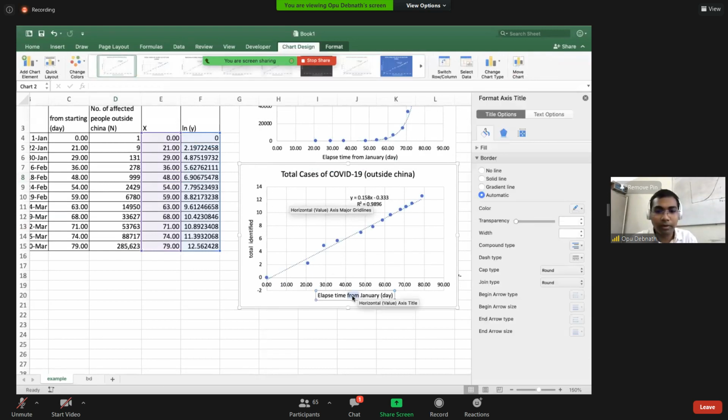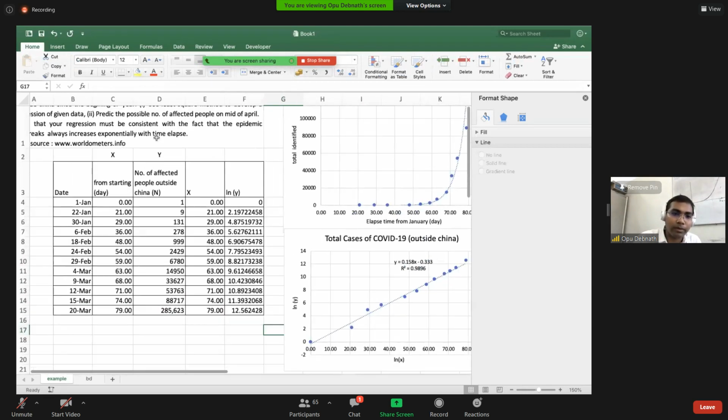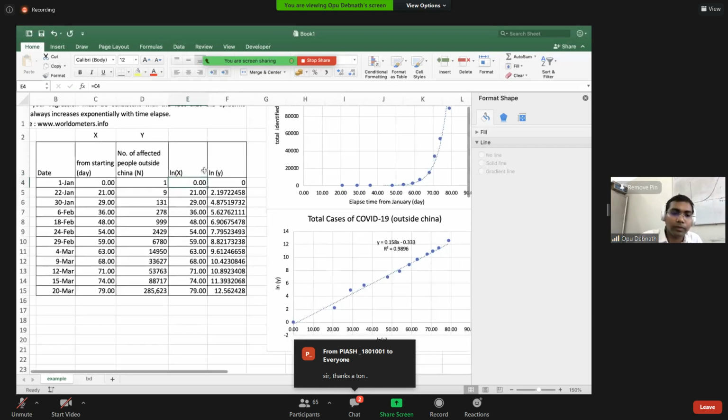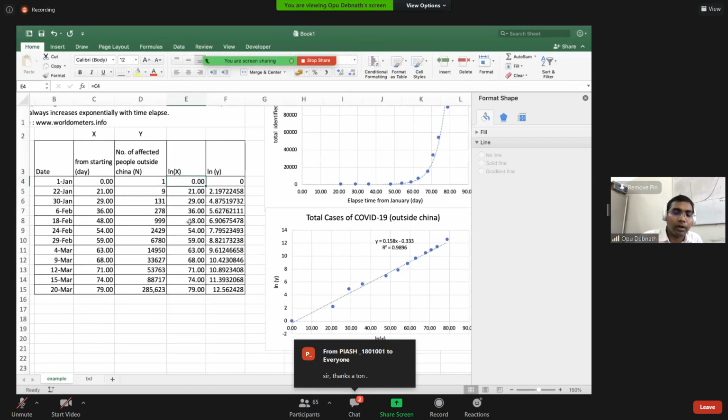This is simply ln x, and this is ln y. So you have the set of data. First, you complete the logarithmic operations along with the whole set of data. So this is ln x. That means I need to calculate by calculator or anything.